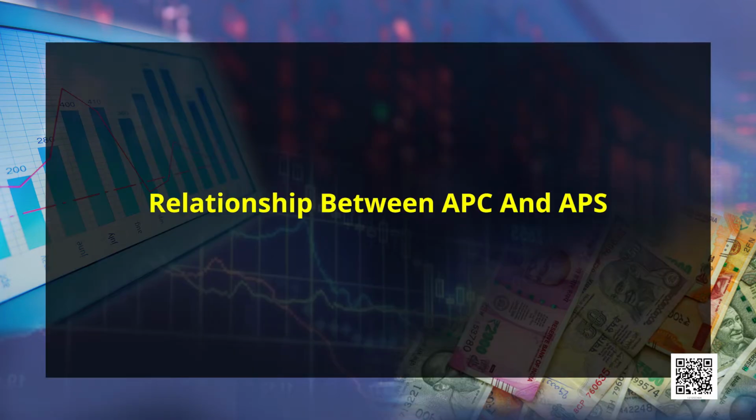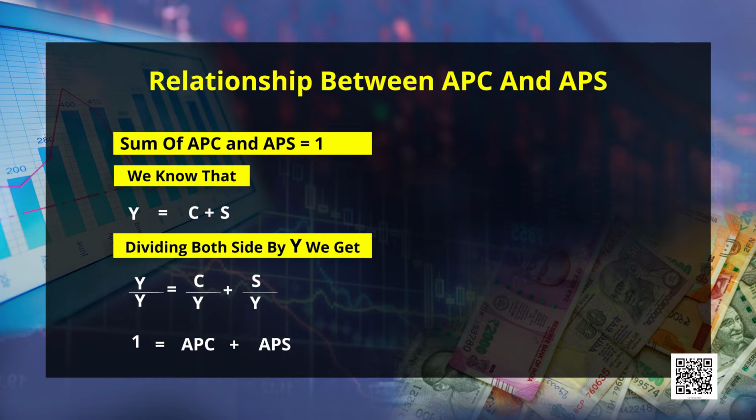Now let us talk about the relationship between APC and APS, and similarly the relationship between MPC and MPS. The sum of APC and APS is always unity, that is, it is always equal to 1.